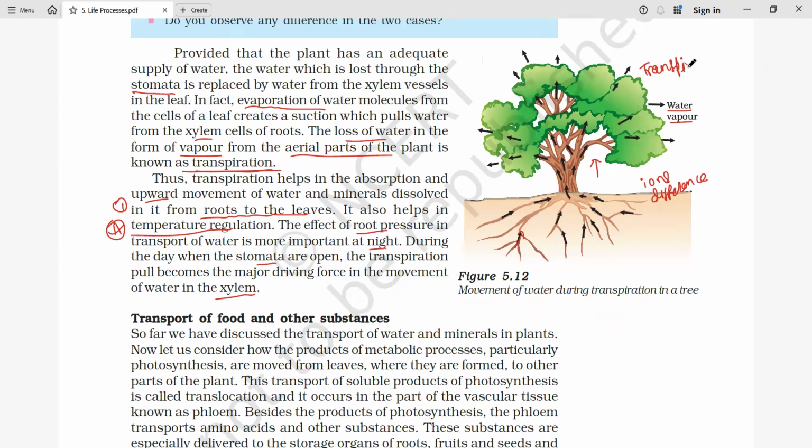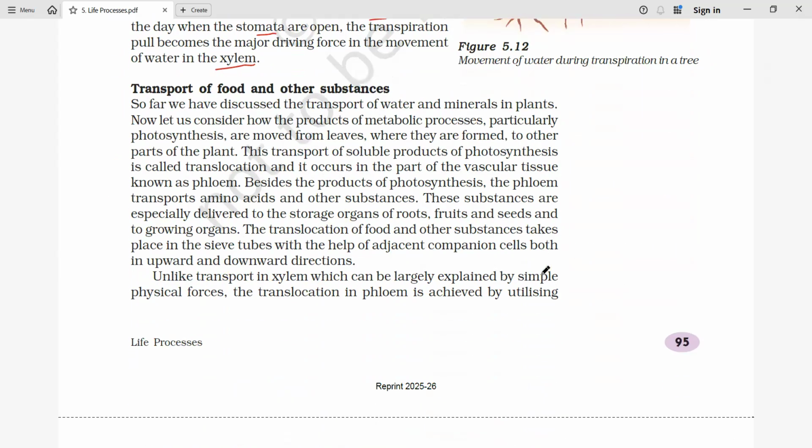Transpiration. So due to this transpiration, automatically pressure is created in the daytime. And finally, this is going to move with the help of xylem cells. Okay, this part is clear. Any doubt, you can write in the comment box.